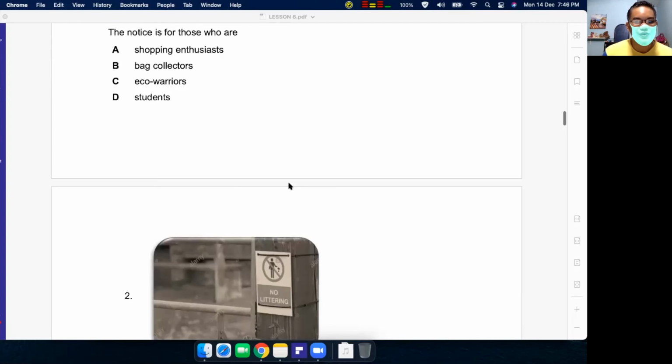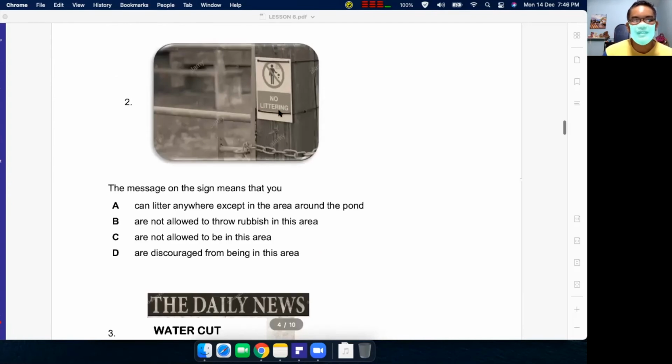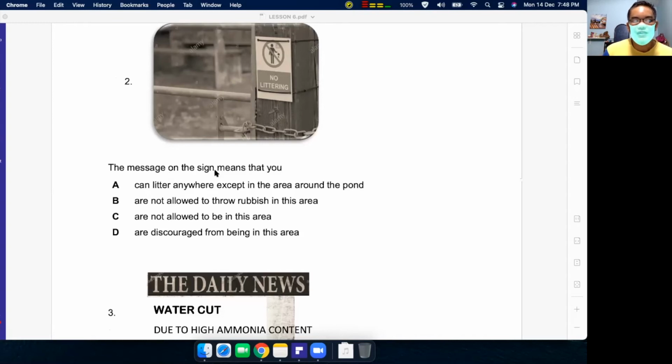Question number 2. No littering. Littering means you take something, you use something, and you throw it to other places except for the recycle bin. So read the question. The message on the sign means that you A. Can litter anywhere except in the area around the pond.